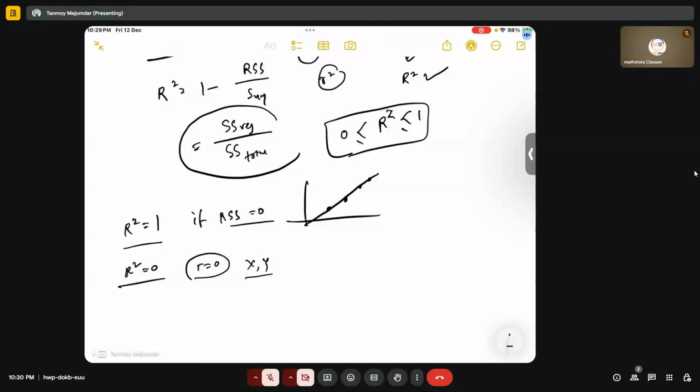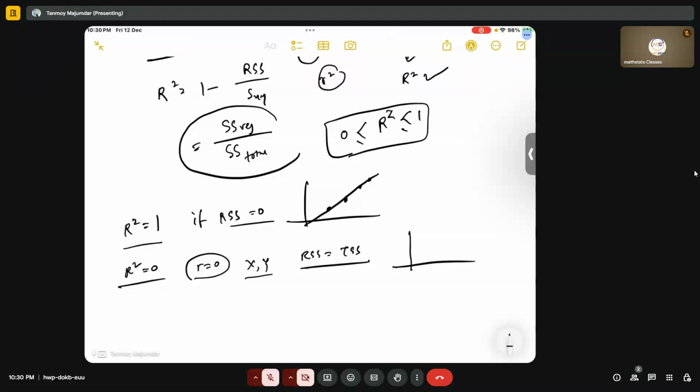So in that case, the residual sum of squares is equal to the total sum of squares. Whatever the total sum of squares is, that will be the residual sum of squares. So basically when will this happen? Suppose we have a non-linear data set. A linear model cannot fit a non-linear data set well. We also saw an example in correlation, where we take a non-linear data set, y equal to x square.